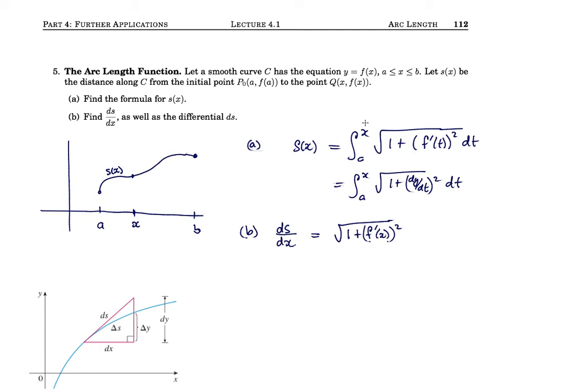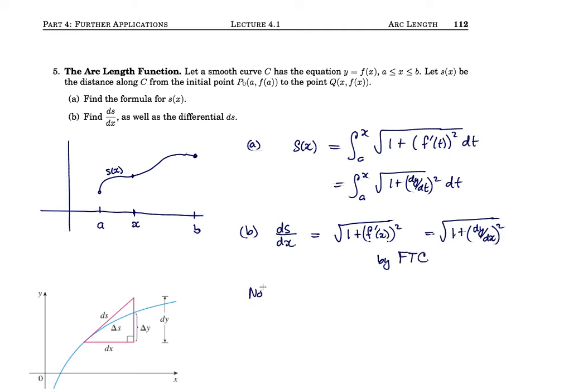To differentiate this integral representation, we just take the upper limit of integration, the x, and pop it into the integrand. We could also write this using Leibniz notation, which is the square root of 1 plus dy by dx all squared. And of course this was by the fundamental theorem of calculus.